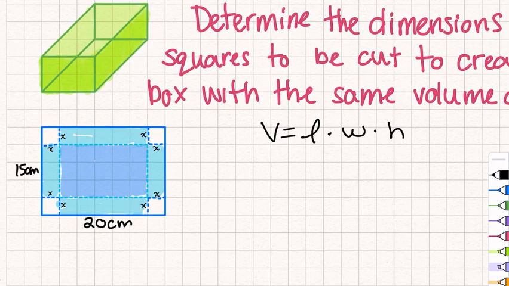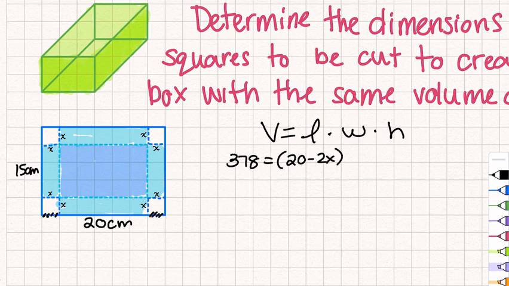So when we cut out the corners, what is the length going to be? It's not going to be 20 because we're cutting out x and x. So 378 would be equal to, our length is 20 minus 2x. What would our width be?